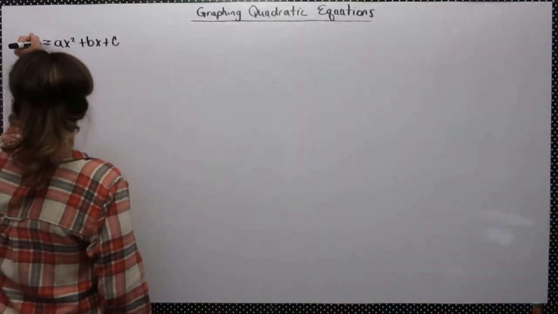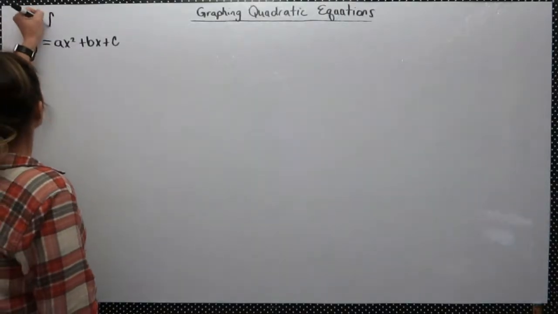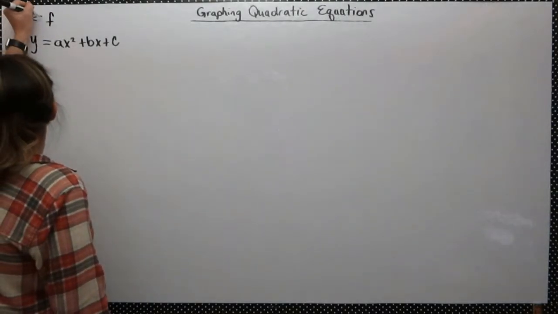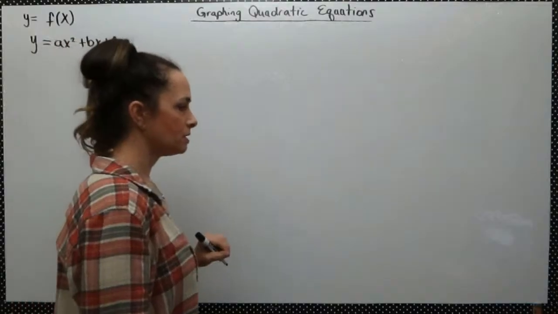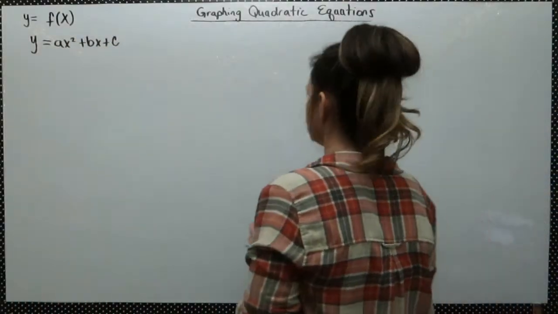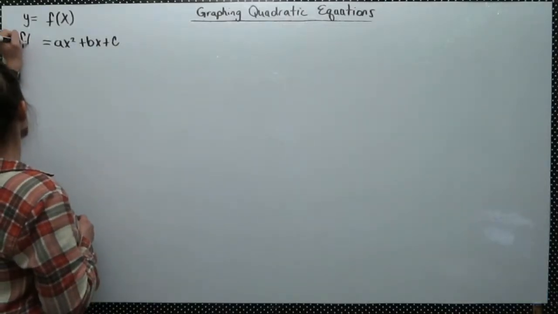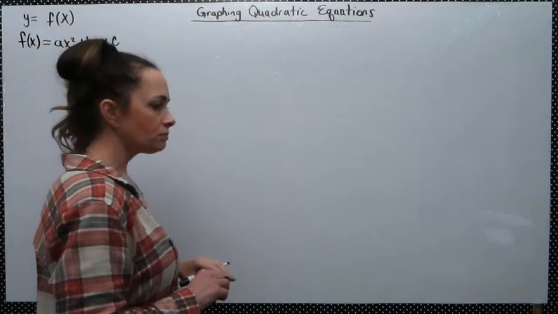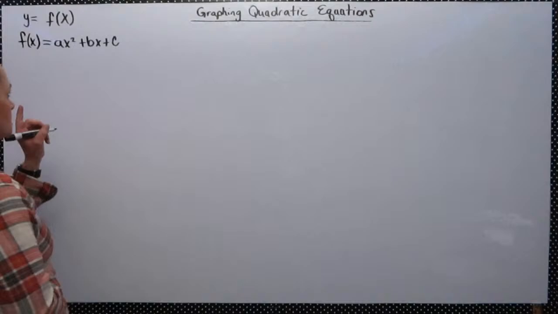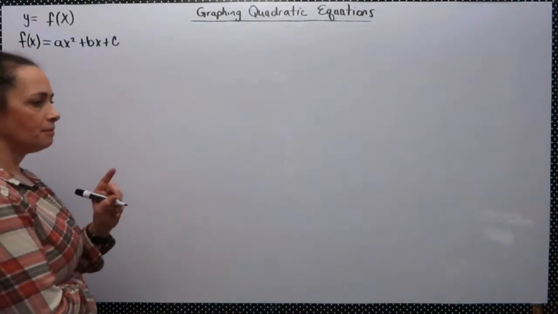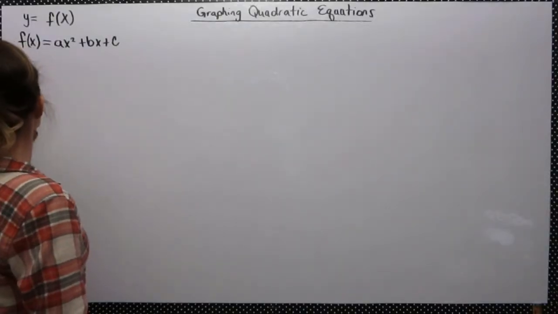So we have this function y equals, and we'll say y equals f of x, and then we can replace y with f of x. We can be interchanging them. And what this is, it's a second degree polynomial, and it's known as a quadratic.